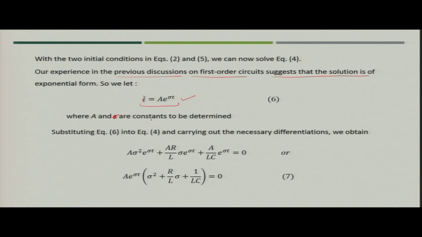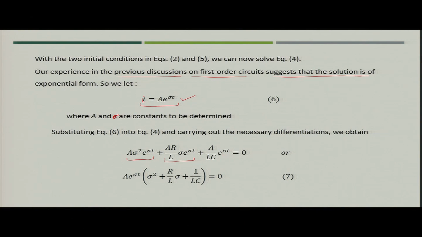That means that you will differentiate it twice. So, you will get the first component, that becomes A into sigma square e to the power sigma t, and then the first derivative multiplied by R by L. So, you get A R by L sigma e to the power sigma t plus A by L C e to the power sigma t.